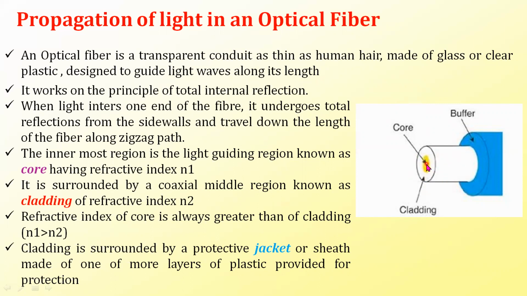The core always has a refractive index N1, which is higher than the refractive index of the cladding N2, because only then does total internal reflection happen. The entire thing is surrounded by another jacket or buffer, made of more layers of plastic, provided for protection.